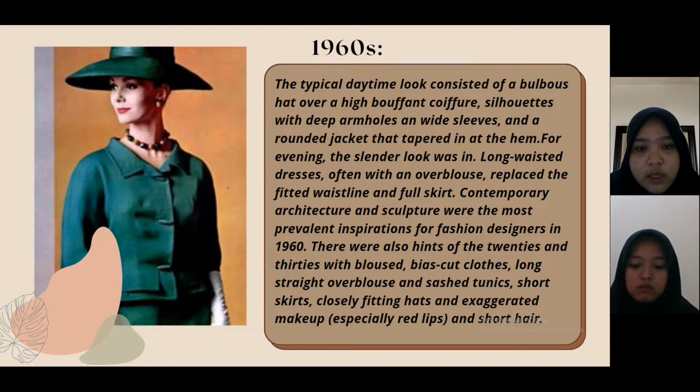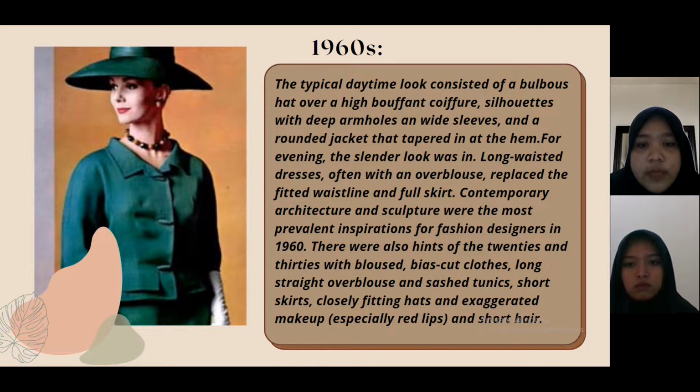Nineteen sixties. The typical daytime look consisted of a bulbous hat over a high woven coiffure, a silhouette with deep armholes and wide sleeves, and a rounded jacket that tapered in at the hem. Long waist dresses, often with a blouse, replaced the fifties waistline and full skirt.